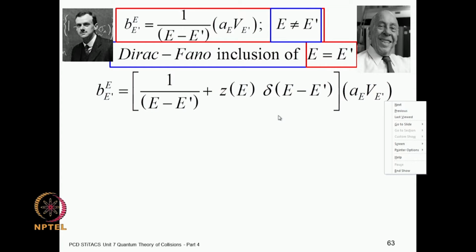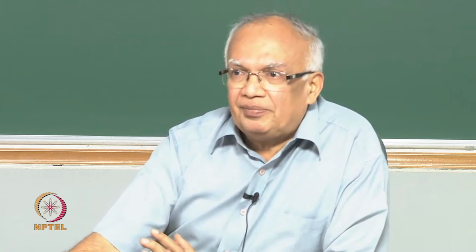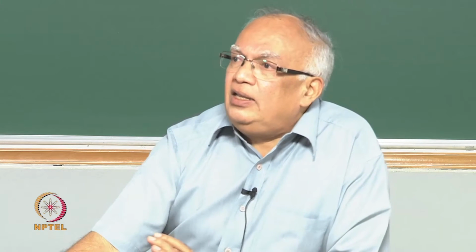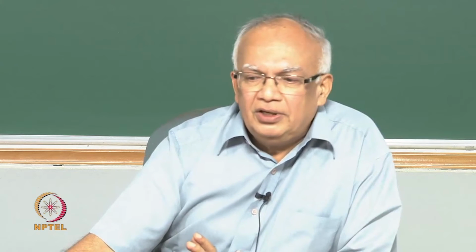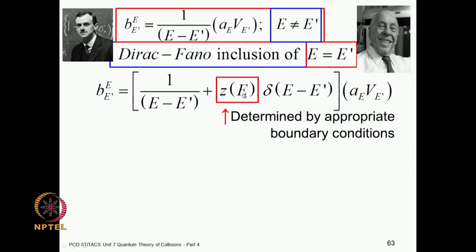So, that will leave a value only when E prime is equal to E, which is just what you want. Okay. So, that is the trick. This is to be used in principal value integration. So, this is the Dirac-Fano trick, and you will see that it really does wonders for us. And the function z is so chosen that it meets the appropriate boundary conditions, because the boundary conditions are known to us.